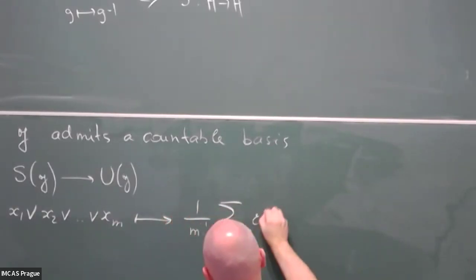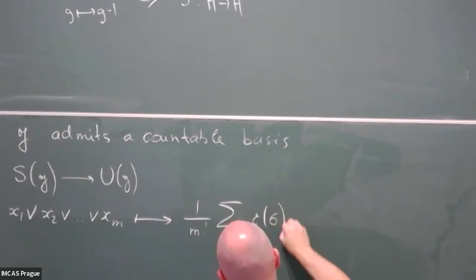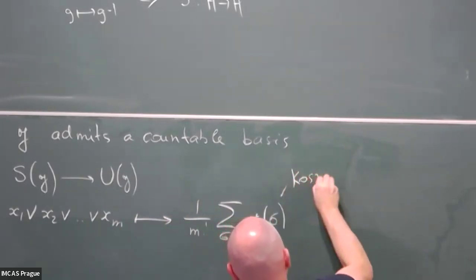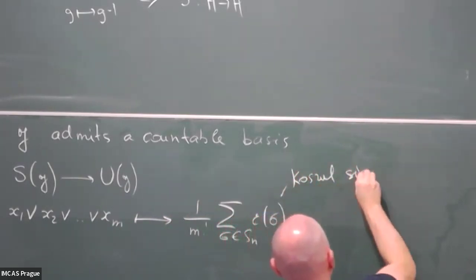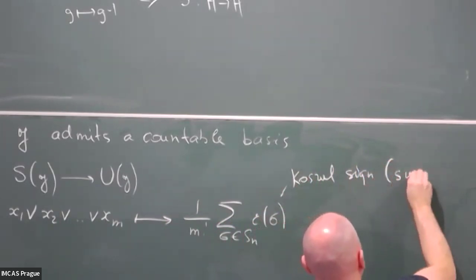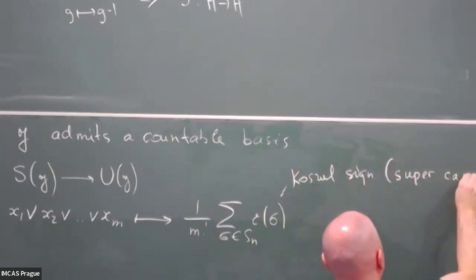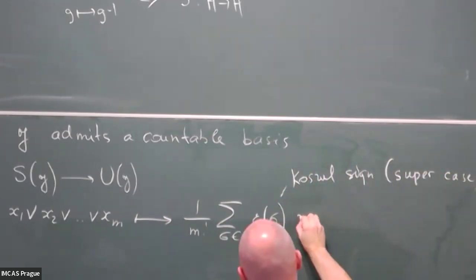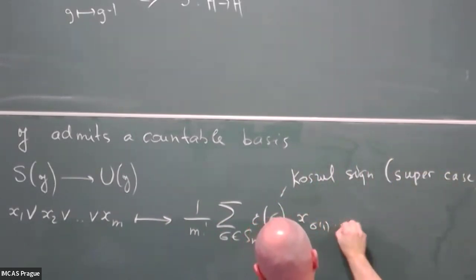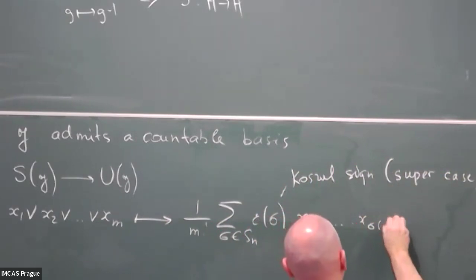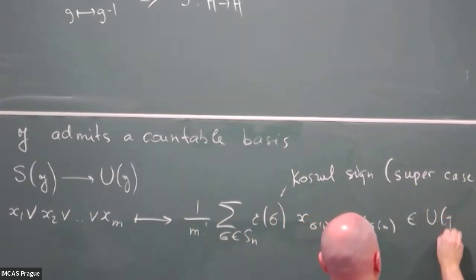And here we put the sign, which in the super case is precisely the Koszul sign, times X sigma 1, and so on, X sigma m inside the universal enveloping algebra.